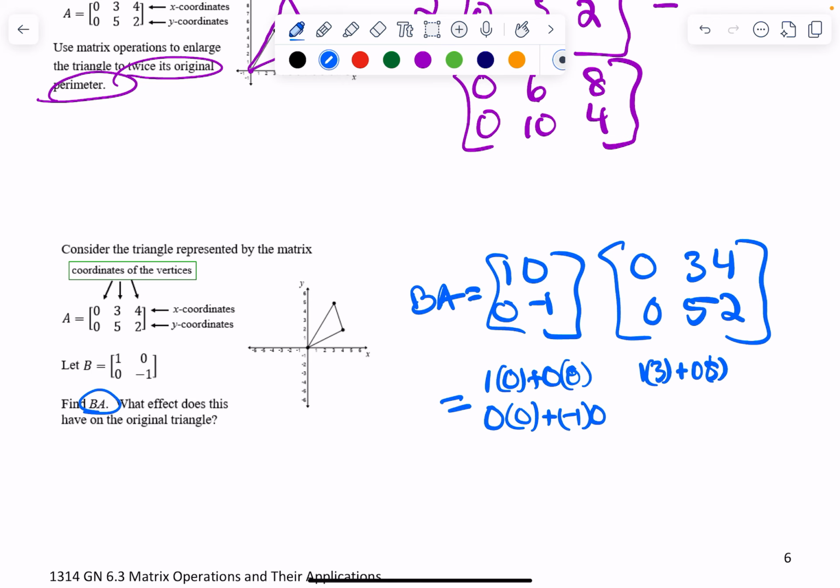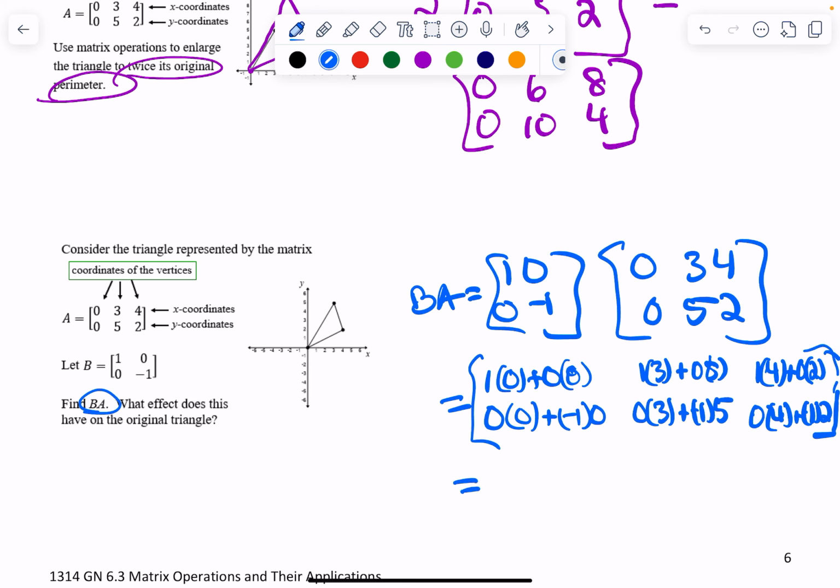Second row, second column is 0 times 3 plus -1 times 5. And then our third column, first row, 1 times 4 plus 0 times 2. And second row, third column, 0 times 4 plus -1 times 2.